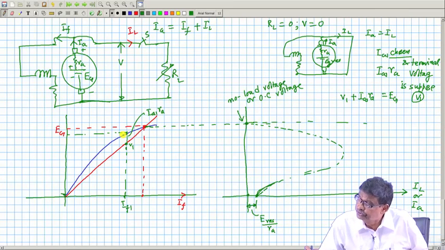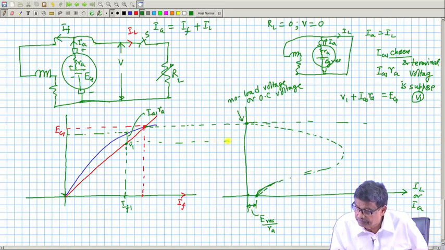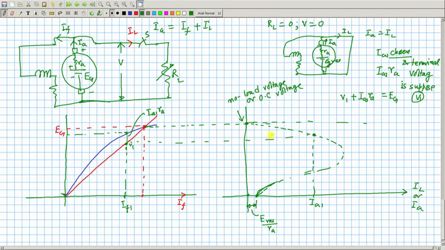Therefore, if you choose IA1 and V1, then in these characteristics I can fix this point, maybe this is your IA1 and this is your V1. And this is not surprising, terminal voltage is falling.